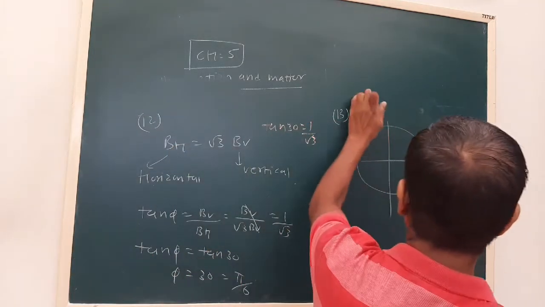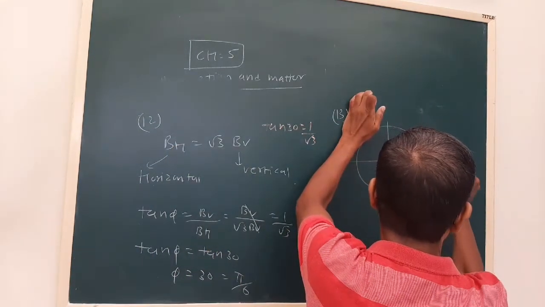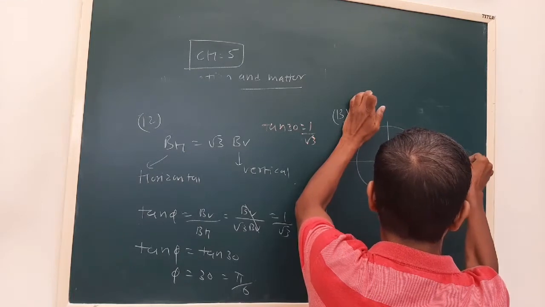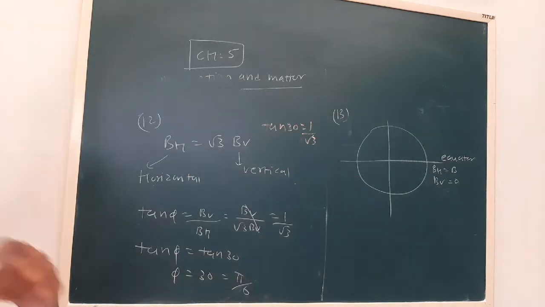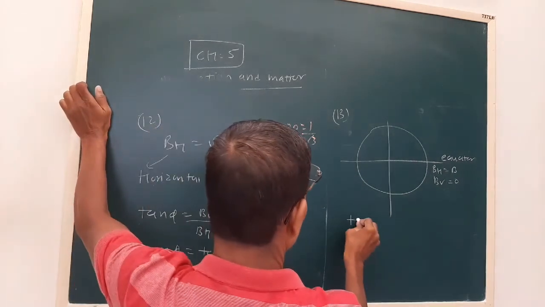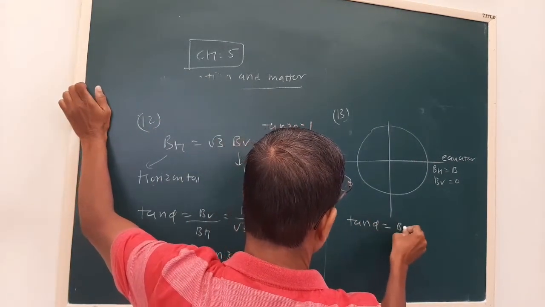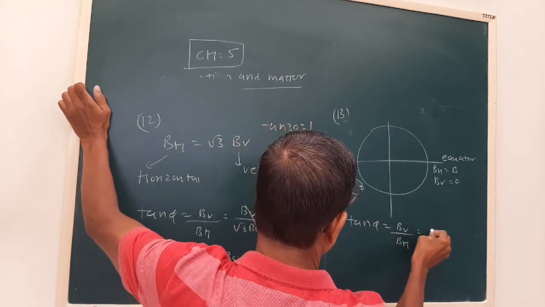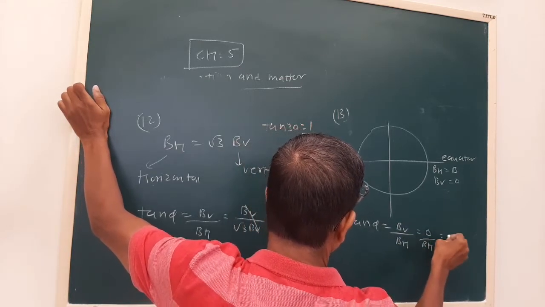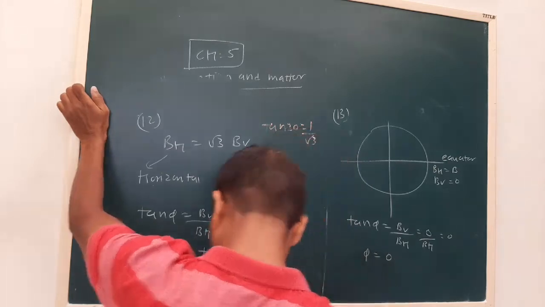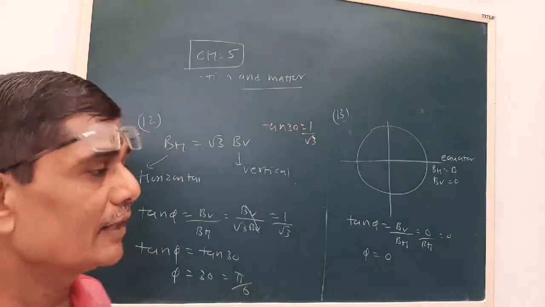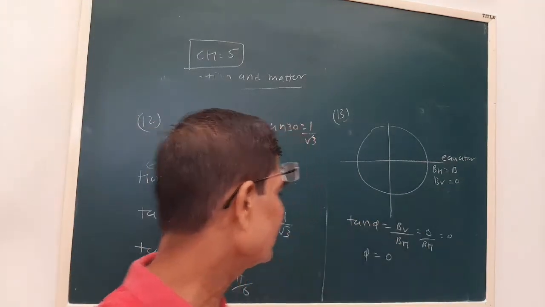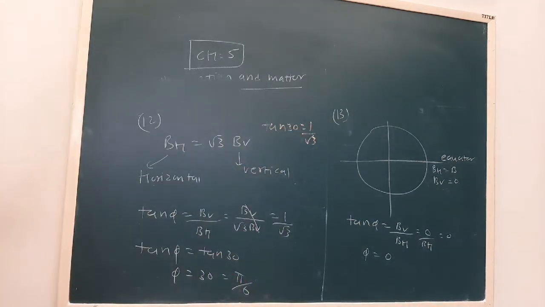See, at the horizontal equator, the vertical component is 0. Now tan phi is 0. So the angle of dip we have to find out, that is phi, is 0, and that point will be on the equator, that we have to keep in mind.